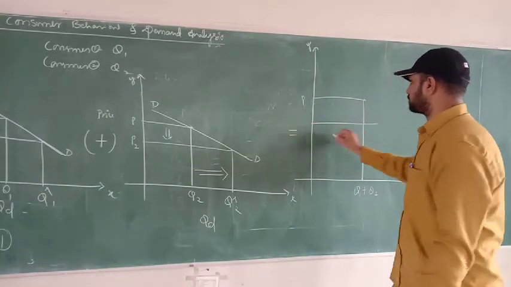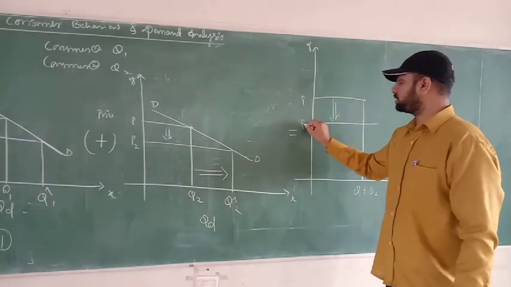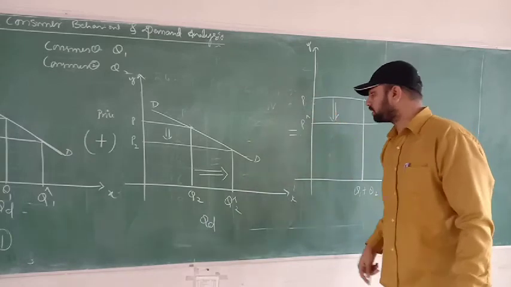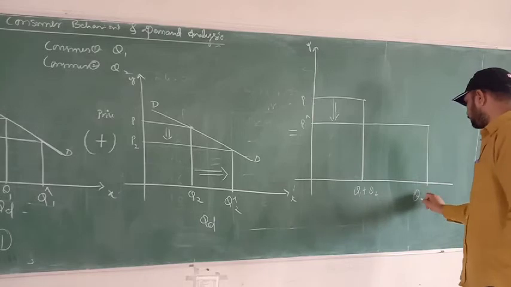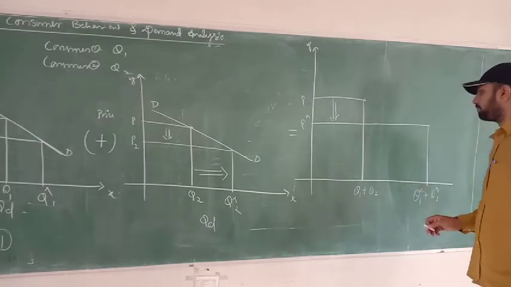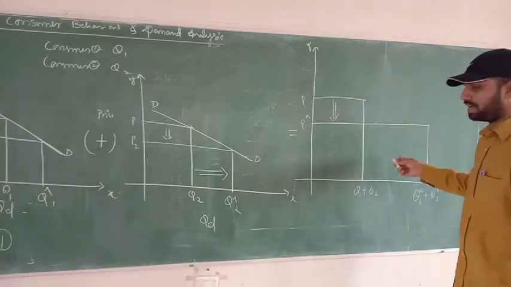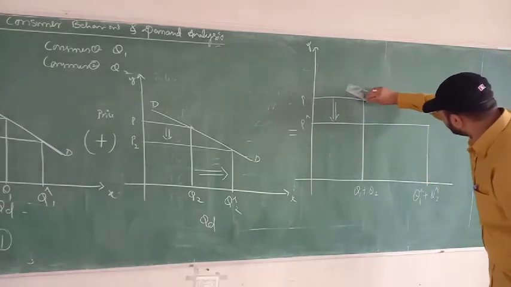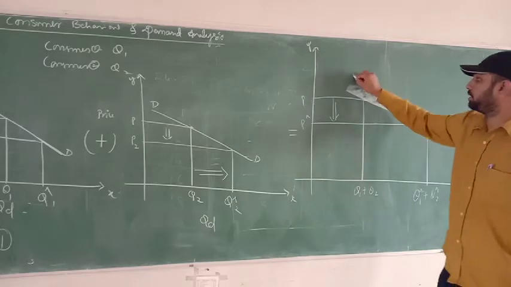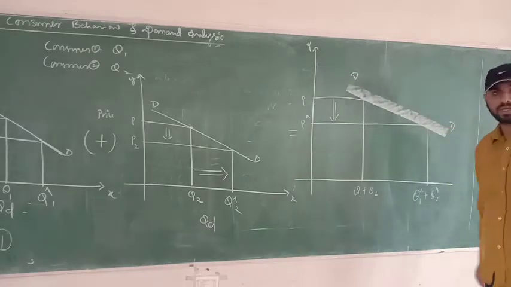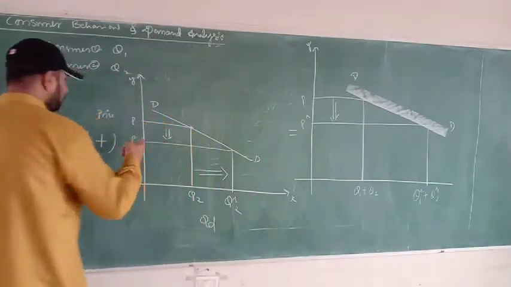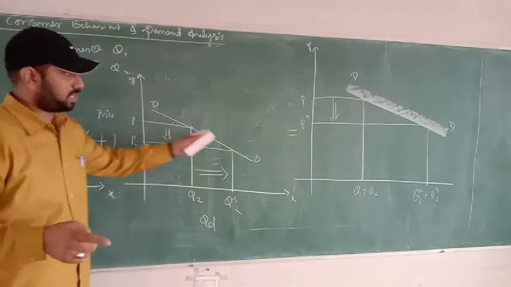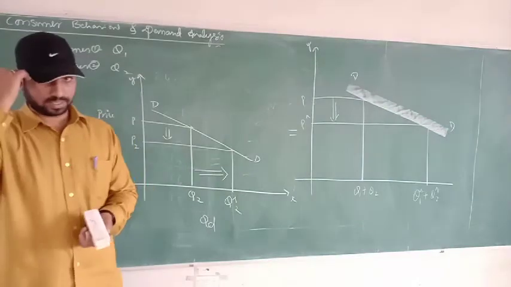When price falls from this to P hat, the demand increases from Q1 plus Q2 to Q hat. We can call it either hat or lambda, it doesn't matter. Then this will be the new demand curve. So this is the horizontal summation from the previous table we discussed. When we add up both, we derive the market demand.